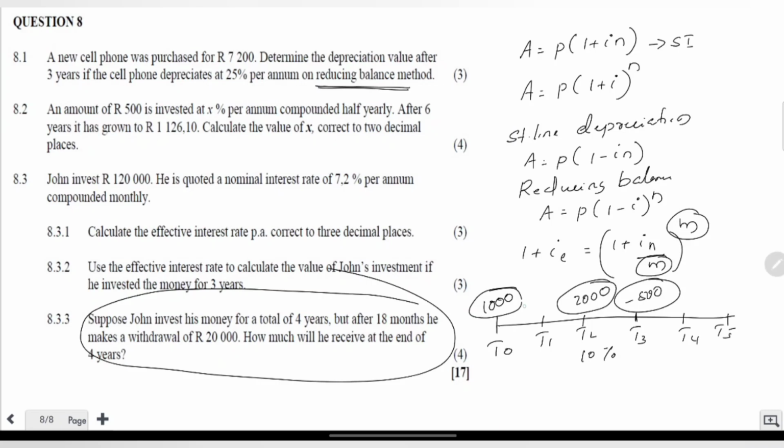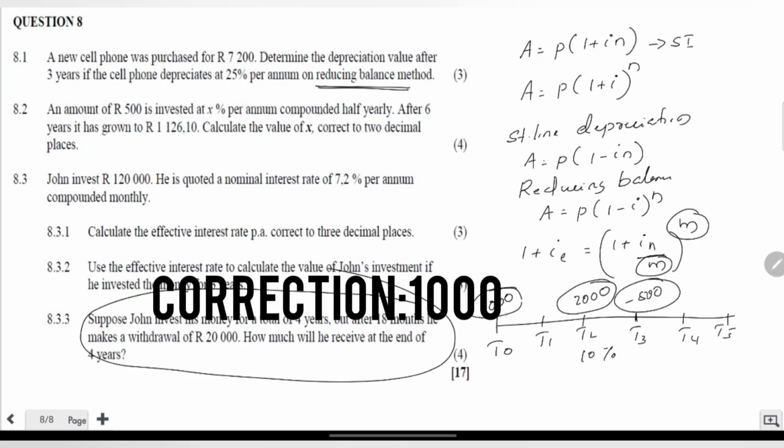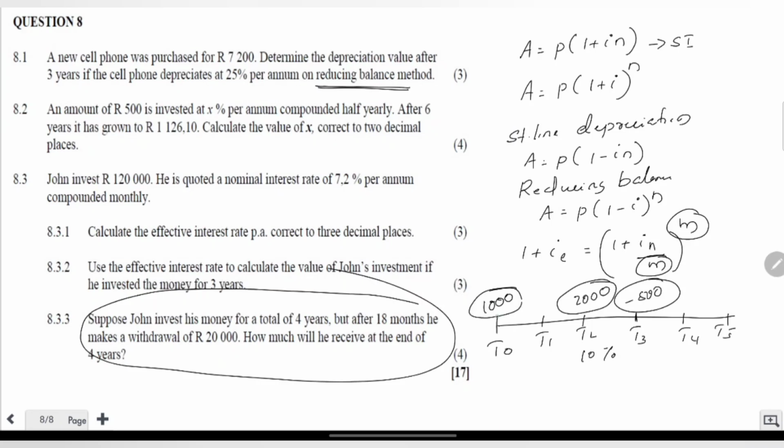That 1,000 is in the account from the starting point T0 up until the end. Whatever transaction you take, always go from that transaction to the end. Then the 2,000 is there from the second year to the end, so it has to go 3 years. So you have to change the formula accordingly.